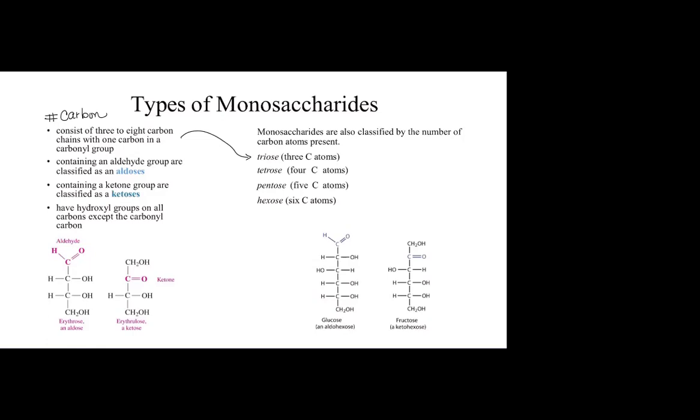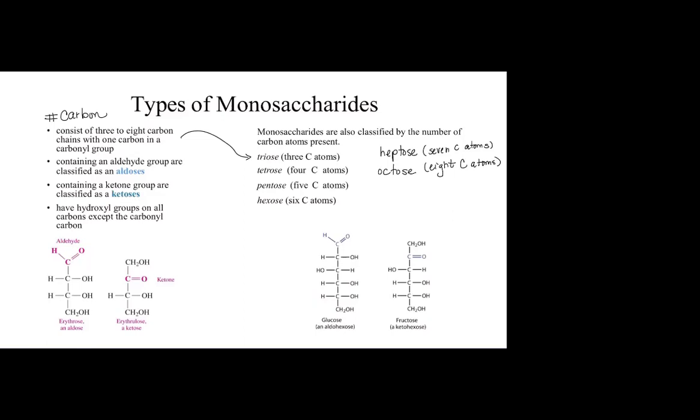So if we have 7 carbon atoms in my monosaccharide, what would be the term we utilize? Excellent, heptose. What about 8 carbon atoms? Great job. Octose.